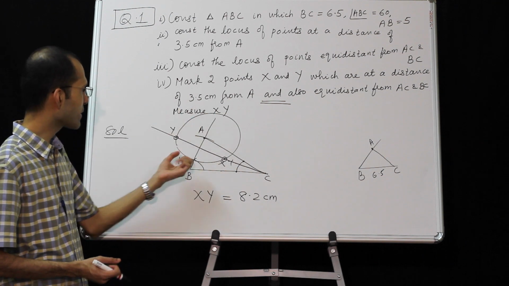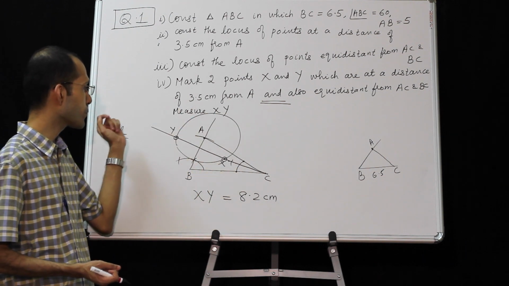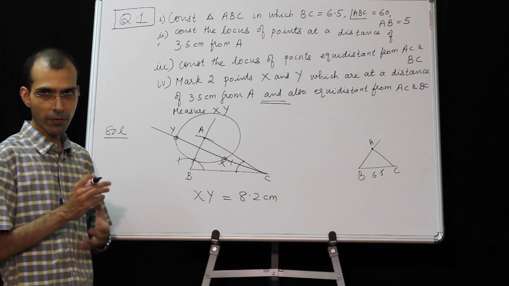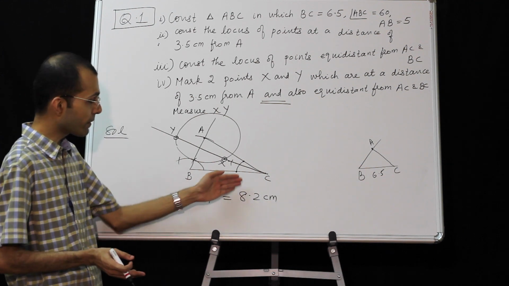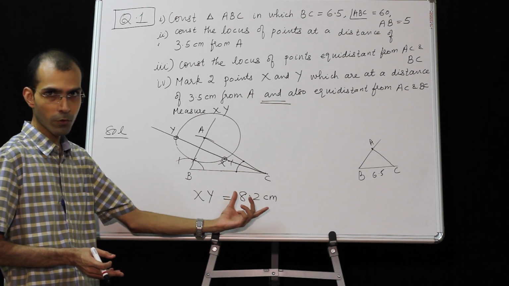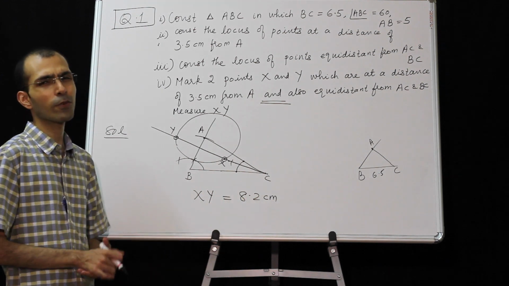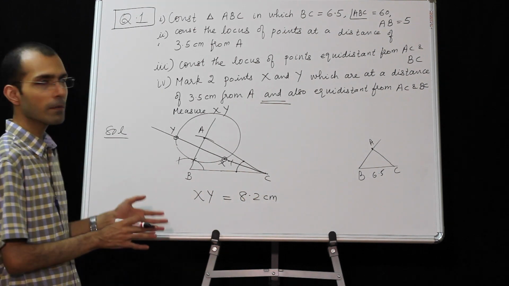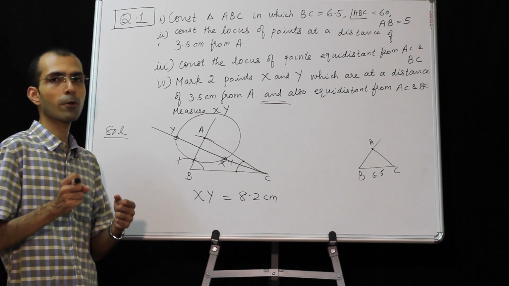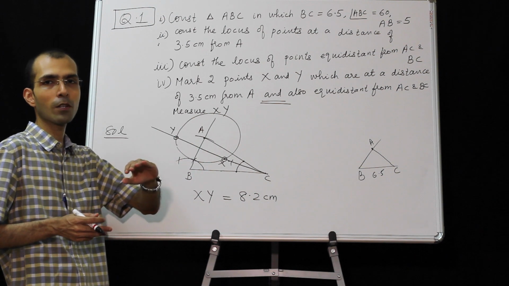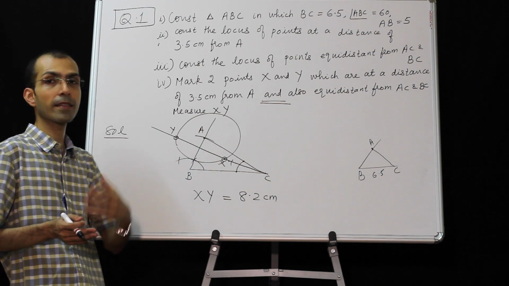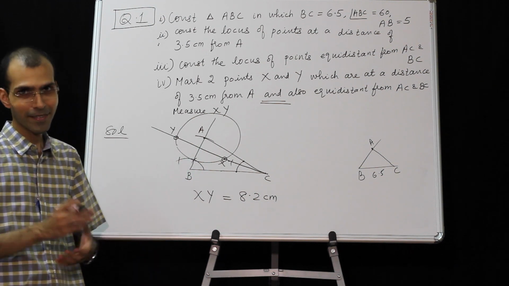So are you comfortable with this? We realize that locus problems are a fusion. It could be a fusion of concept 1 and 2 or 2 and 3 or 1 and 3 or maybe all 3 together. Done with this.